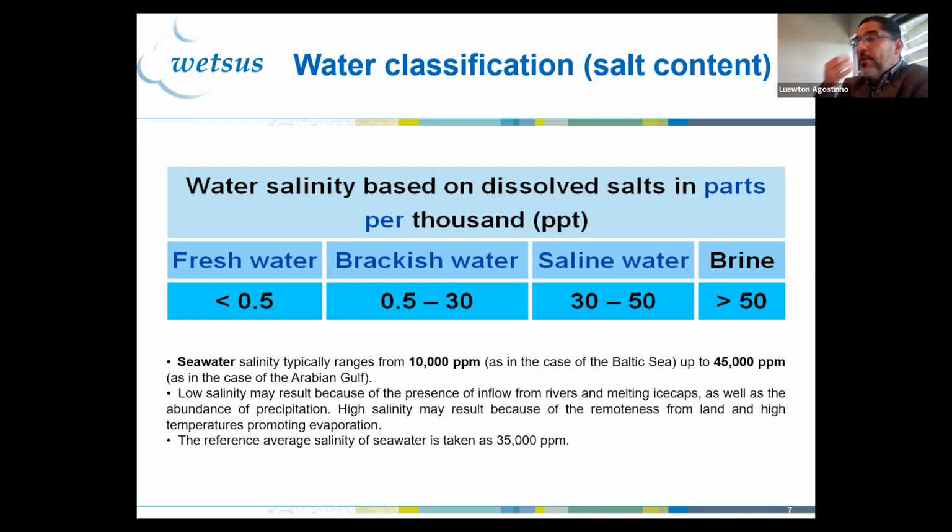So where can you find brackish water, do you know? Where can you mostly find this brackish water? Rivers can be, where the river meets the ocean. Yeah, in the region where you have the deltas, when the river meets the ocean.